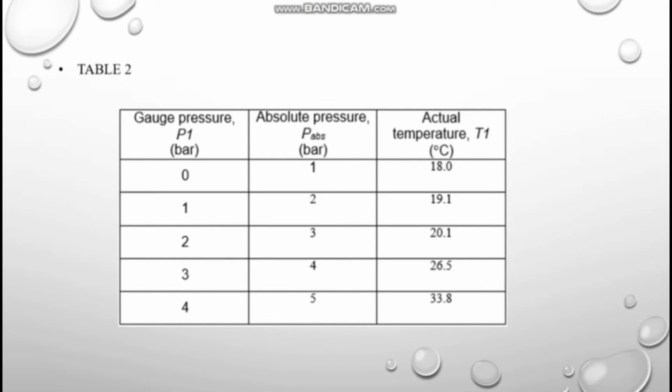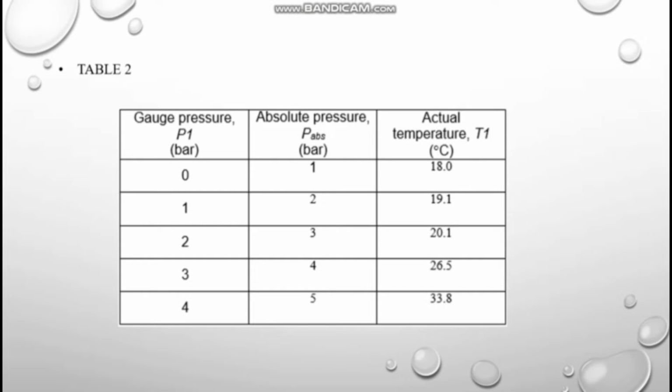Next, we'll look into table 2. For table 2, we use gauge pressure, absolute pressure, and find the actual temperature, which is T1. When the gauge pressure is 0 and the absolute pressure is 1, we got the temperature of 18 degrees Celsius. When the gauge pressure is 1 and absolute pressure is 2, the actual temperature is 19.1.